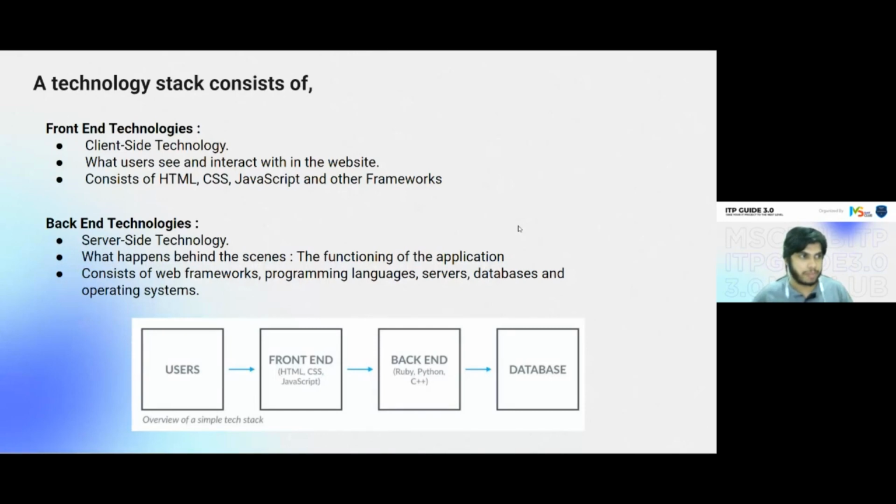So backend technologies basically consist of web frameworks, programming languages, servers, databases, and operating systems. If you take a look at the diagram on the screen, you can see an overview of a simple tech stack. You have the front end. Even though the backend and database are taken as two different entities in this particular diagram, usually it is taken as a backend as a whole.